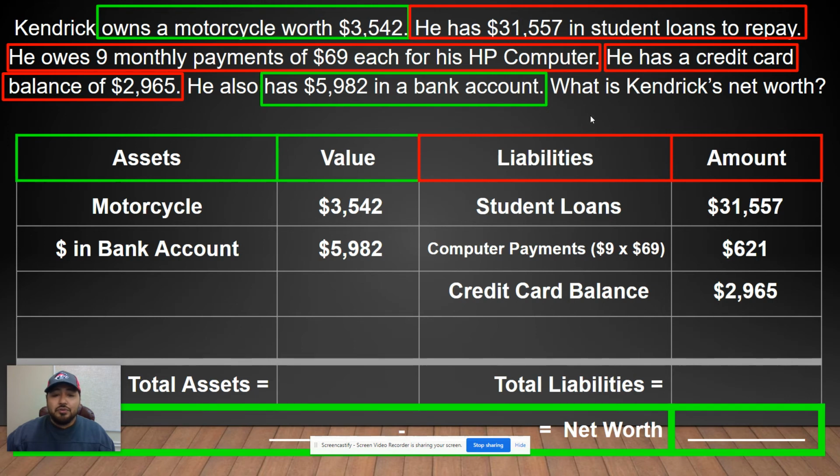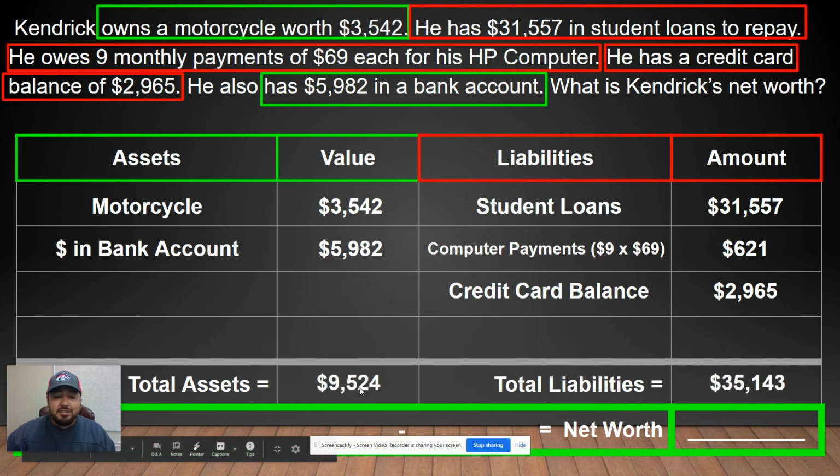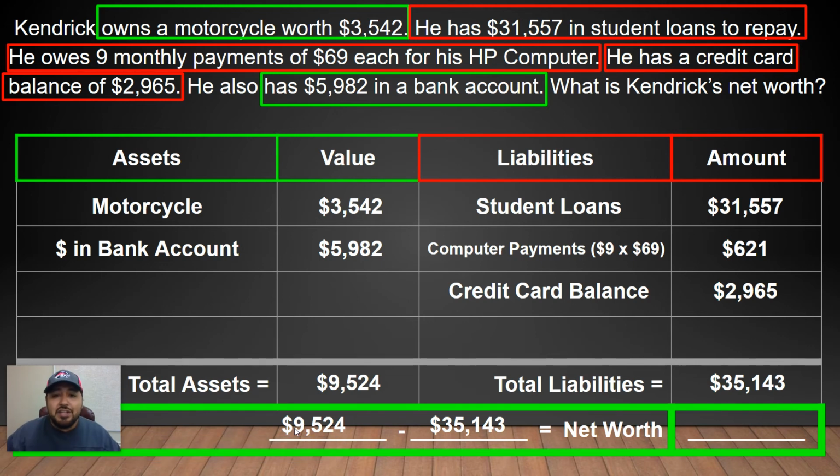All right, so we're going to find the total assets and the total liabilities. So $9,000 in assets, $35,000 in liabilities, and he has more liabilities than he has assets. So if he were to sell all of his assets and pay all of his liabilities, he would still owe money.